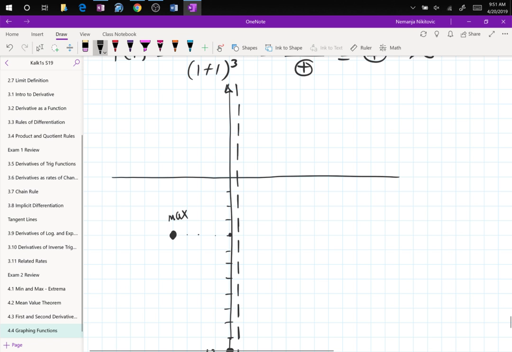If you remember, that one was negative 1/4. And then we go 1 unit up, 2 units over. So now that's another asymptote.